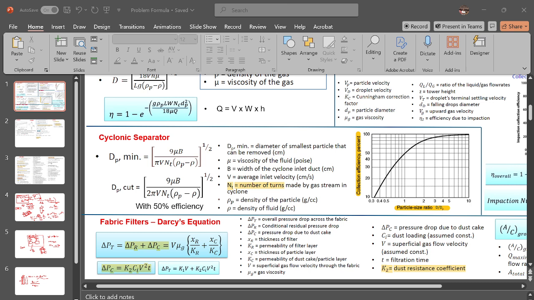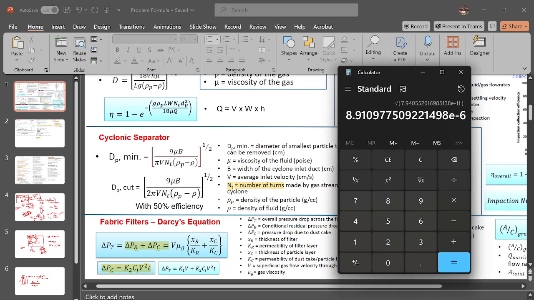And here it's hour, because velocity is in 10 meter per second, your viscosity also should be in kg per meter second. The answer for me is around 8.9, but 8.33 is fine. The answer is 8.33 micrometer.